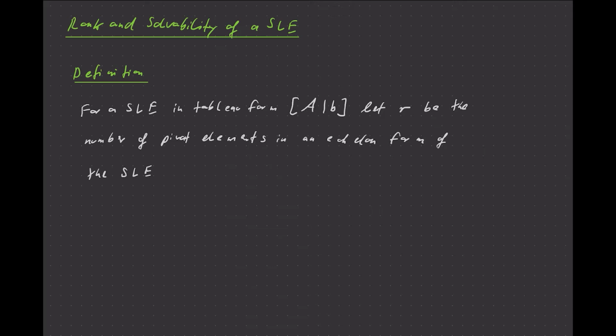Then R is called the rank of the coefficients. It does not depend on the right-hand side, so we don't really need that right-hand side for the definition. The rank only depends on the left-hand side, on the coefficient side.